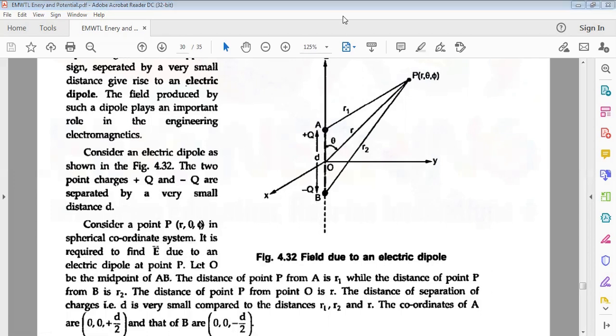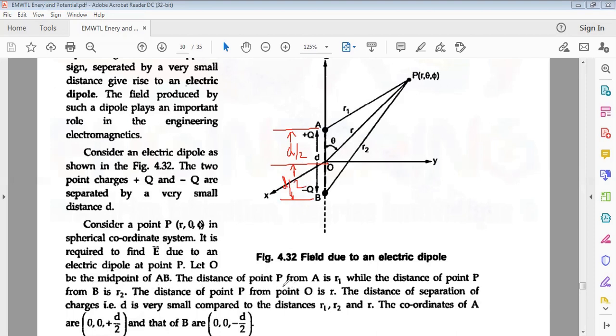So the distance from A to the origin O is d by 2, and the distance from the origin to the point B is d by 2, because the distance from A to B is d.